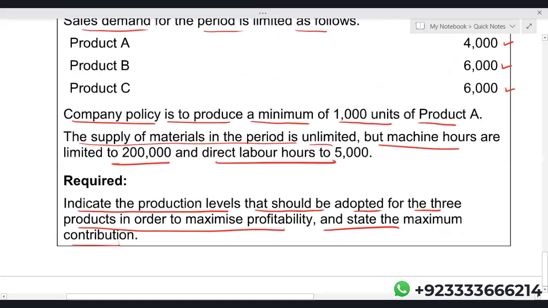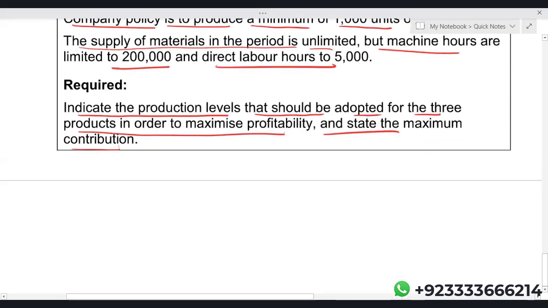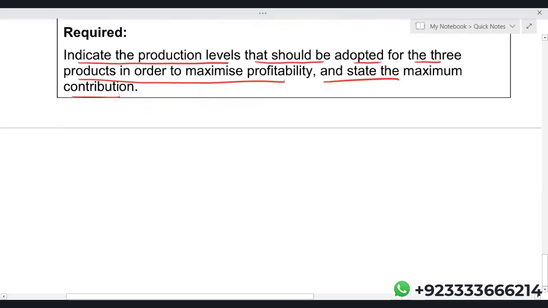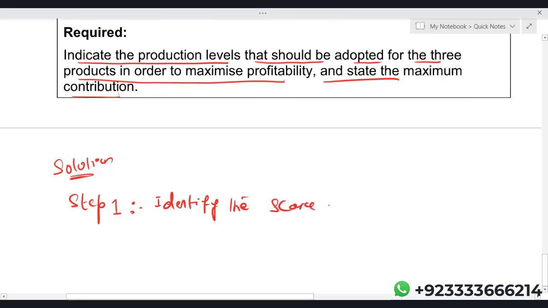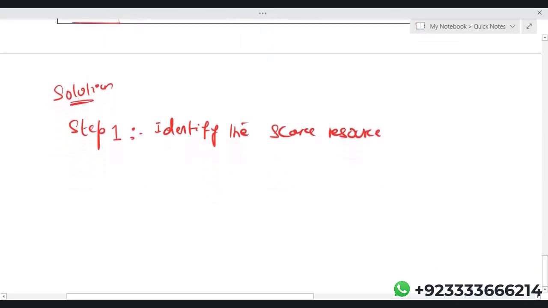So let us go for step 1 to identify the limiting factor. Simply step 1. Identify the limiting factor, identify the scarce resources. Products.